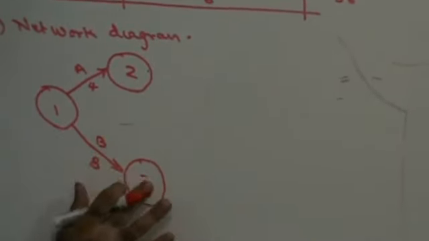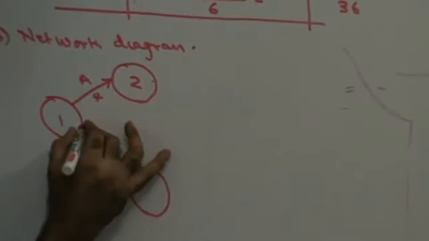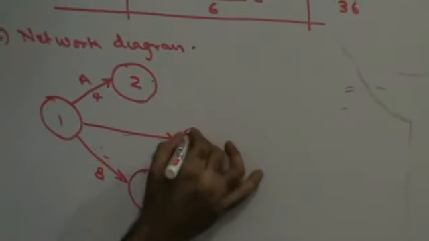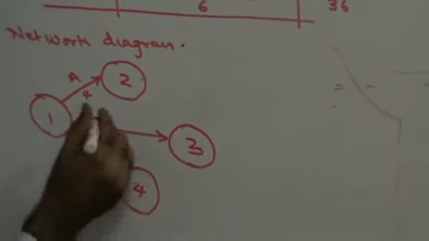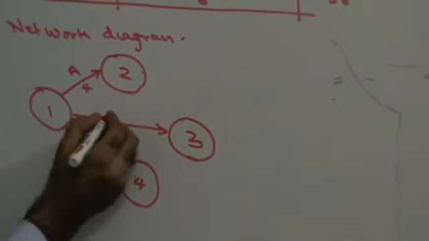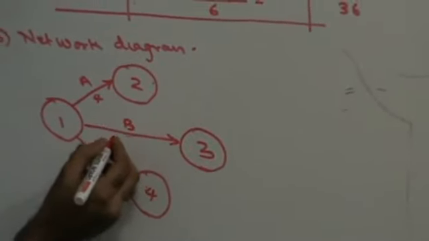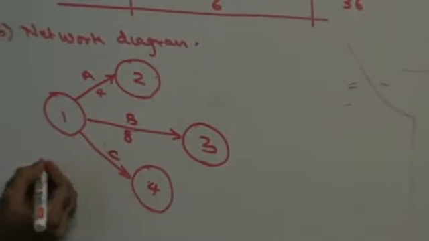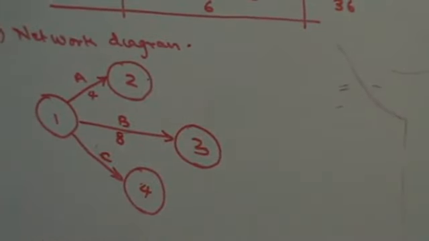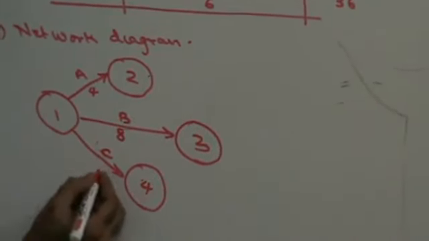So we'll make 1, 2, 3 and 1 to 4. This is 1 to 3, activity B, which is 8 weeks, and 1 to 4 is activity C, which is going to be 6 weeks.